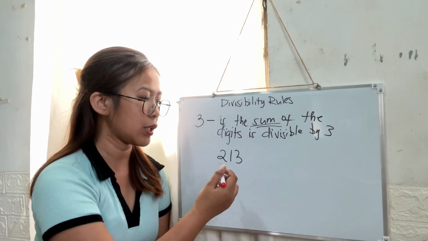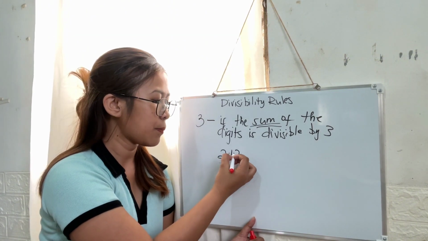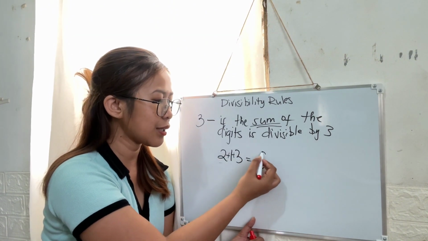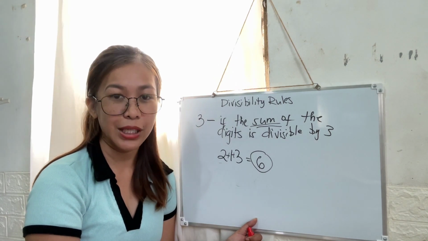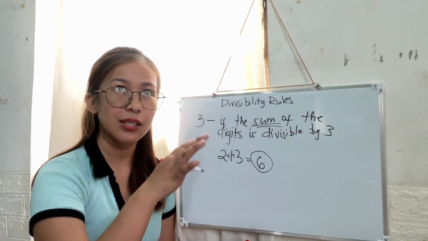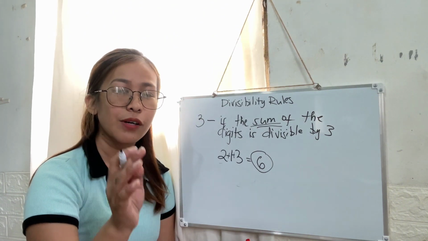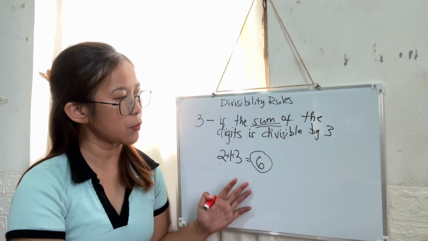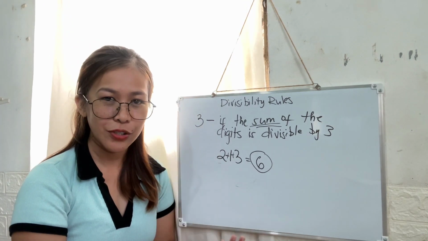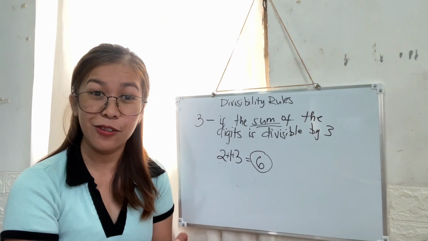So, let's add. 2 plus 1 is 3, plus 3 is equal to 6. And 6 is a multiple of 3, or 6 is divisible by 3. So, dun ka lang titingin sa 3, 6, 9, 12, 15, 18, 21, 24, yan yung mga gagamitin mo para malaman mo kung divisible by 3 ba yung isang number. Especially kapag malalaki yung numbers, no?